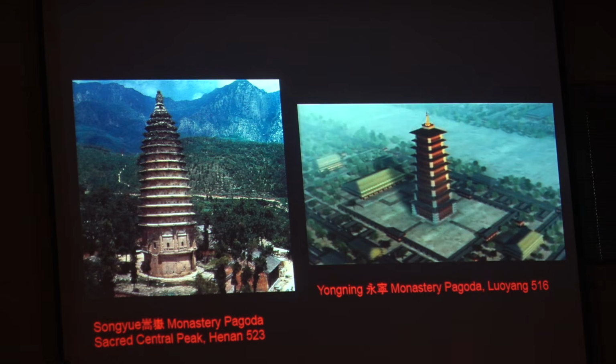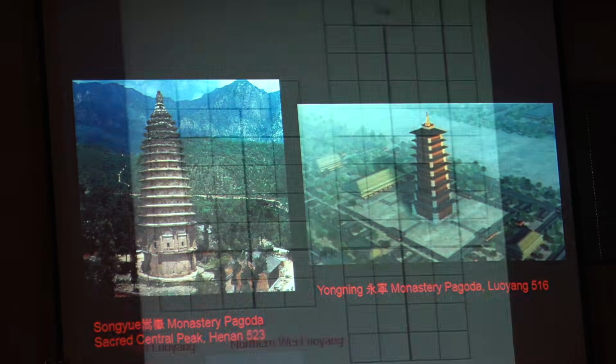This is on the sacred Buddhist peak Mount Sung, and the distance is about 70 kilometers from the capital. And I think that as excavation continues, we will see how clearly architecture, especially a towering pagoda, was built in response to other tall architecture.